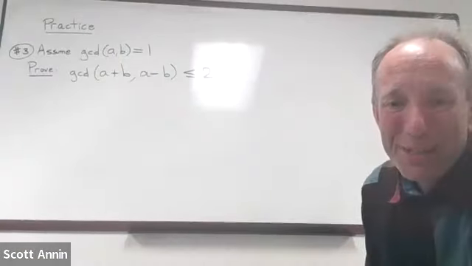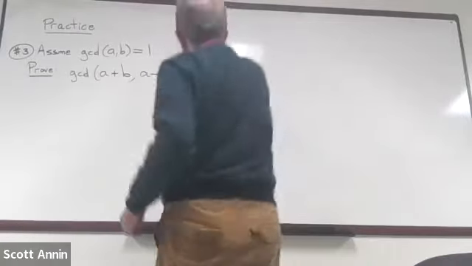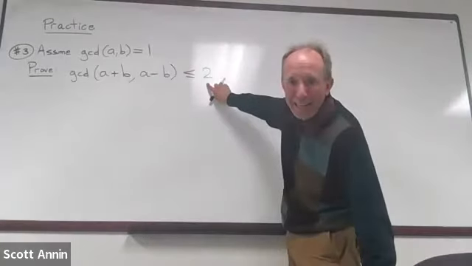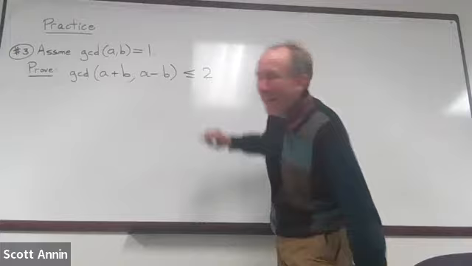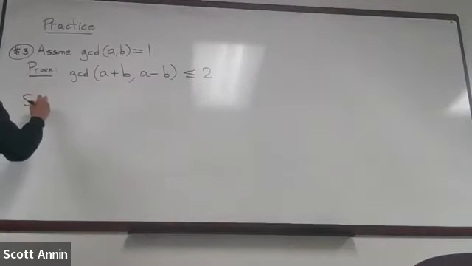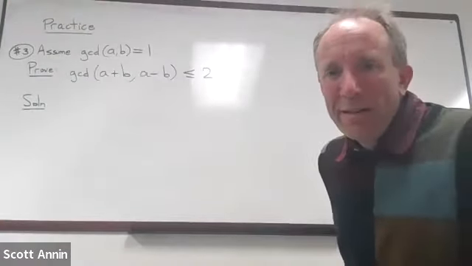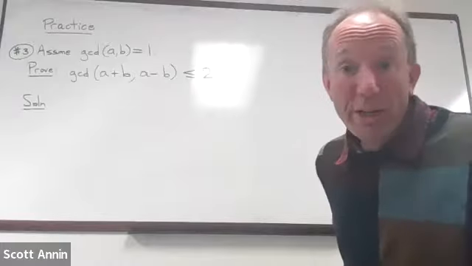It is at most 2. Okay, hopefully this is legible. This just says at most 2 right here. All right. So here's the way I'm going to do this one. I want to show that the only possible common divisors of A plus B and A minus B, the only thing it could be, is either a 1 or a 2.